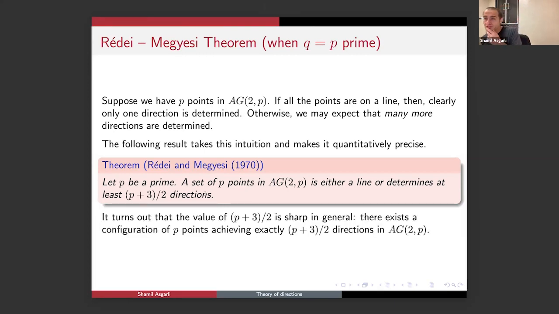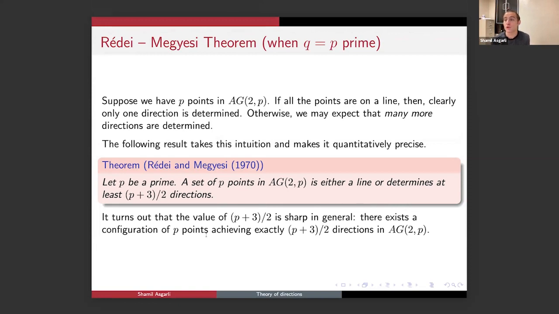And I will mention that the value of (p+3)/2 is actually sharp. You can't necessarily do better than this. There exists some configuration of p points that achieves exactly (p+3)/2 directions in AG(2,p) when p is an odd prime.